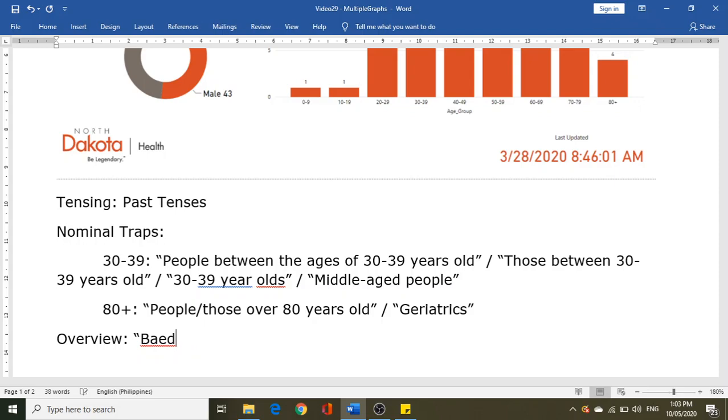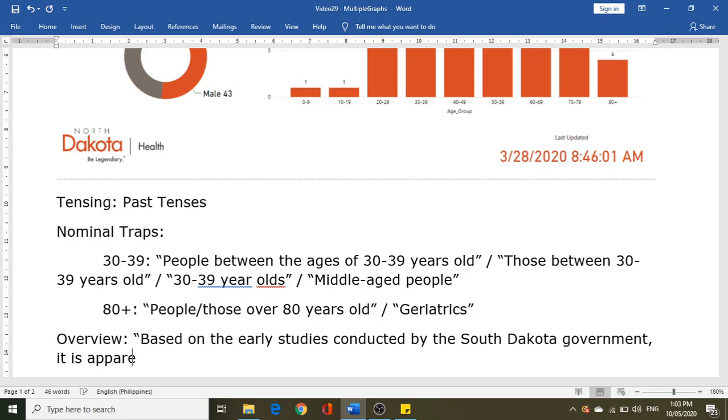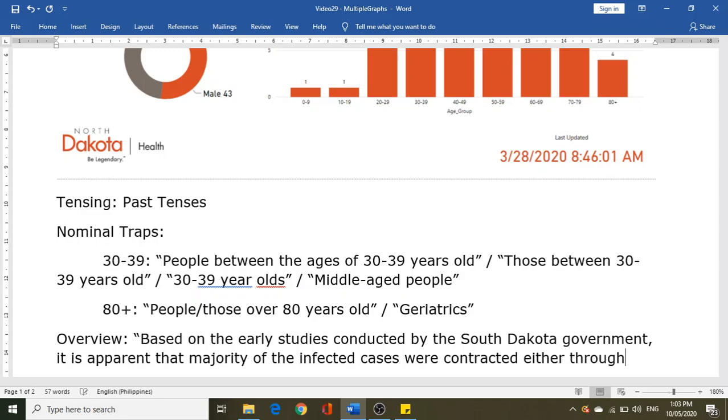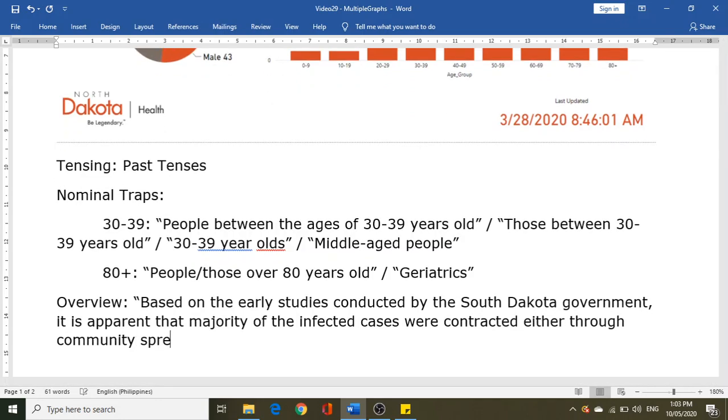Based on the early studies conducted by the South Dakota government, it is apparent that the majority of the infected cases were contracted either through community spread or through traveling outside, in and out of the state.